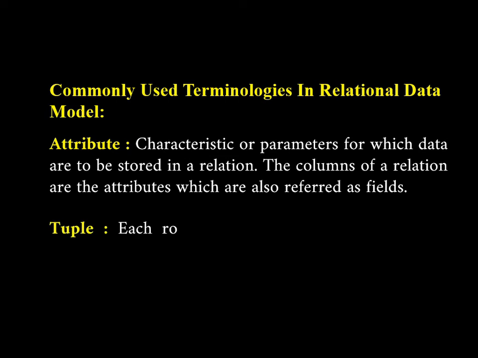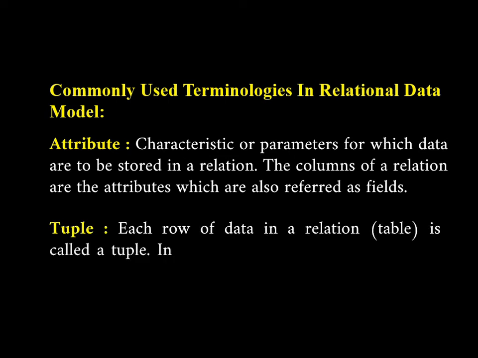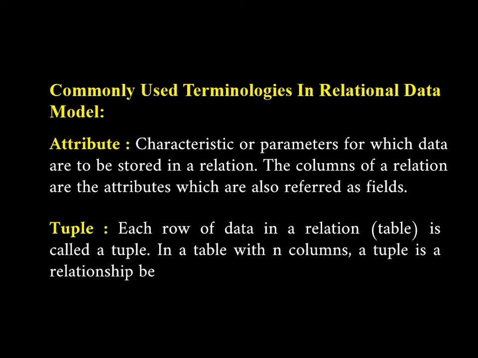Next is tuple. Tuple means record. Each row of data in a relation table is called a tuple. In a table within columns, a tuple is a relationship between related values.